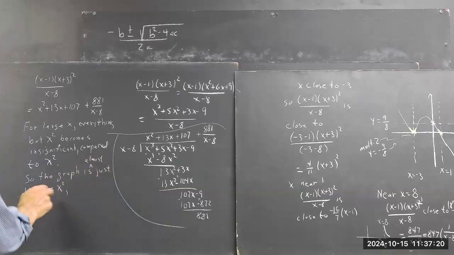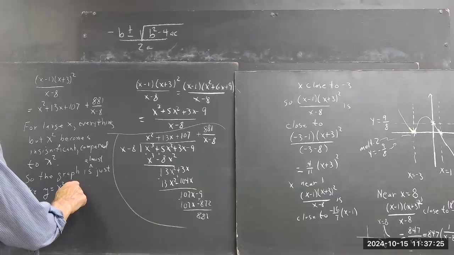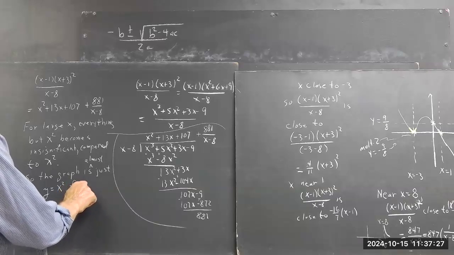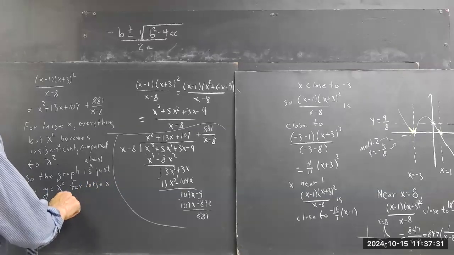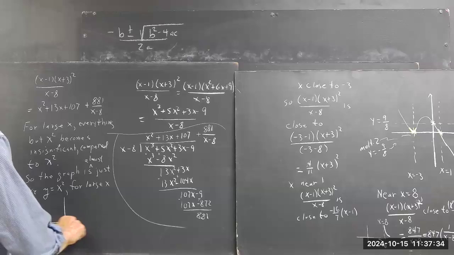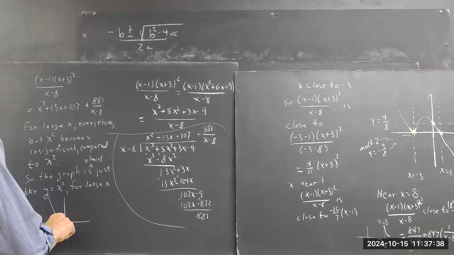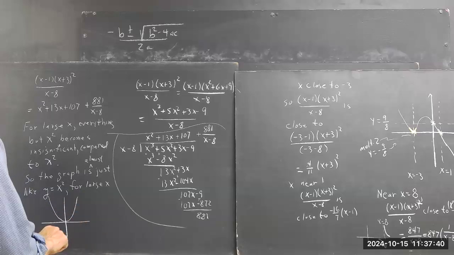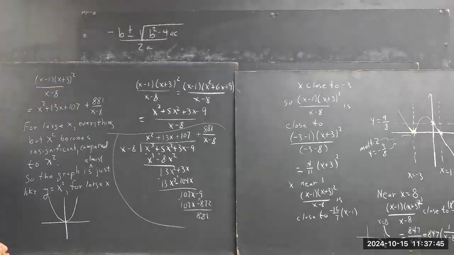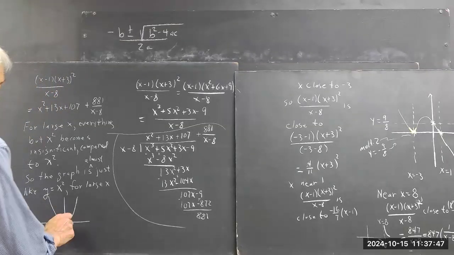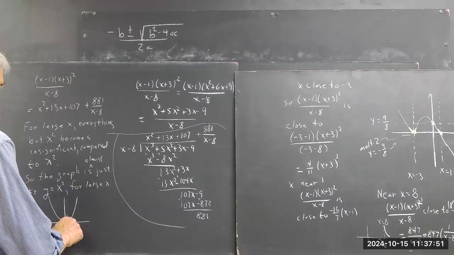And the graph is almost just like y equals x squared for large x. This means that the graph looks like this. It's just like the graph of x squared, except that near the y-axis it can wiggle a little bit, and it can even have an asymptote.